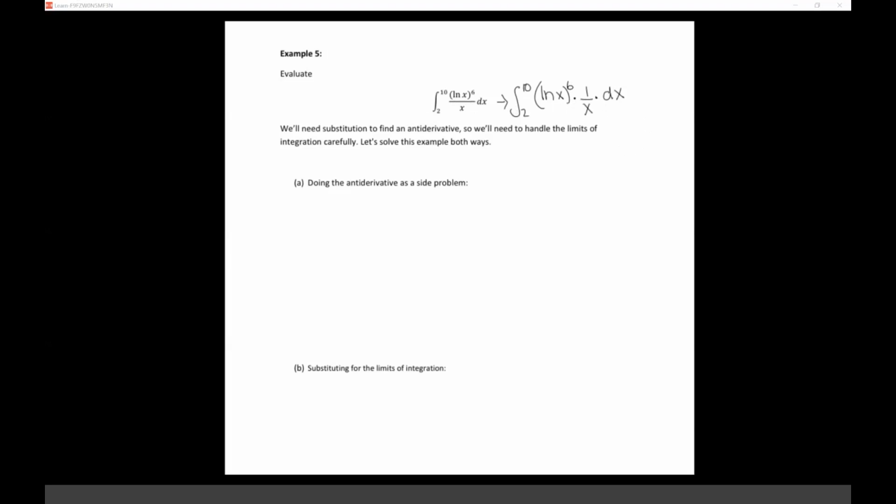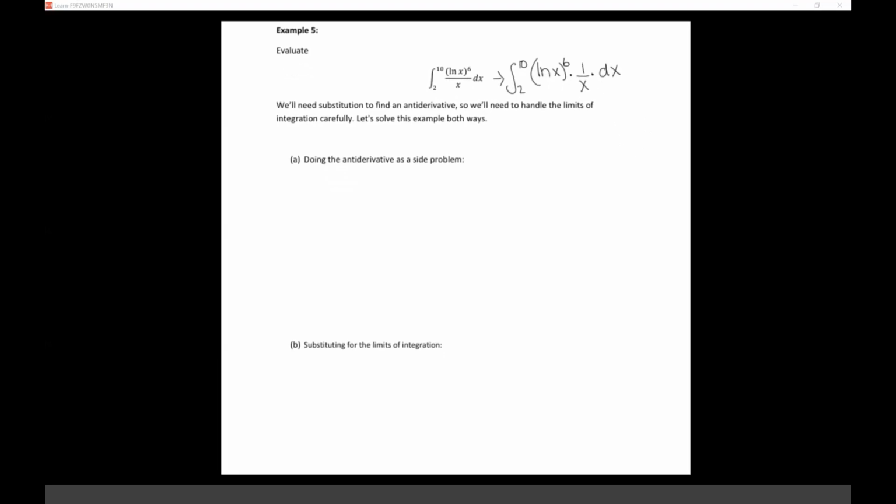So I'm going to do it the first way where I handle the antiderivative as a side problem. So I'm just going to treat it like it's not a definite integral. Step 1 is let u equal ln x, and I'm picking that because it's in parentheses and it's raised to a power. Then I'm going to find du dx. So here's what I've got so far. I'm matching that to that.